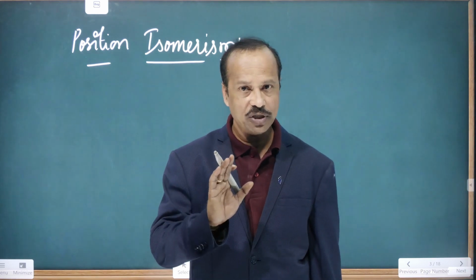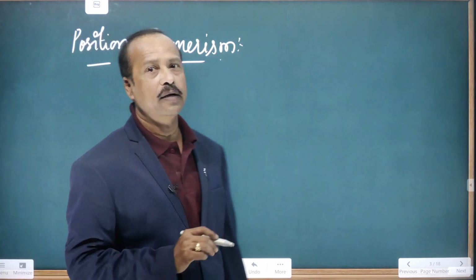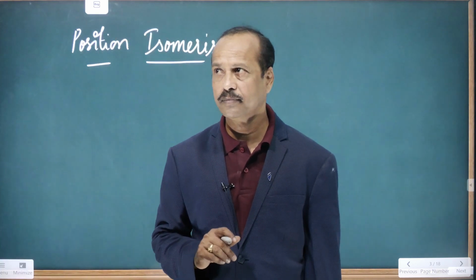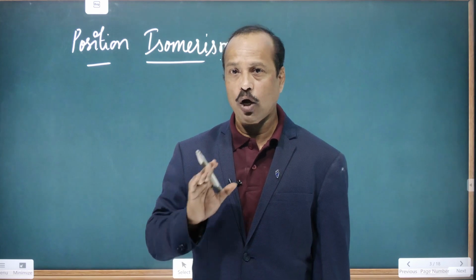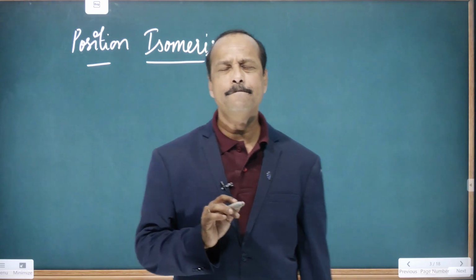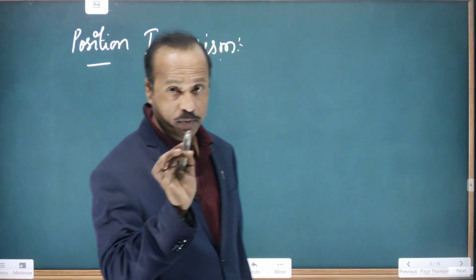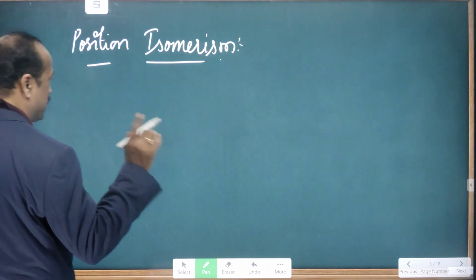How does position isomerism work? See here, for example, I'll take a simple one. I'll take 2-methyl pentane. See students, now 2-methyl pentane.